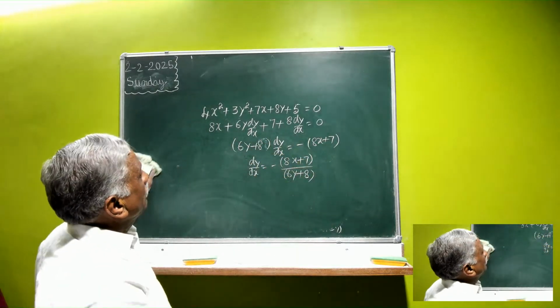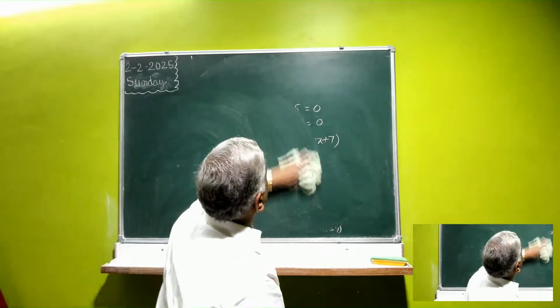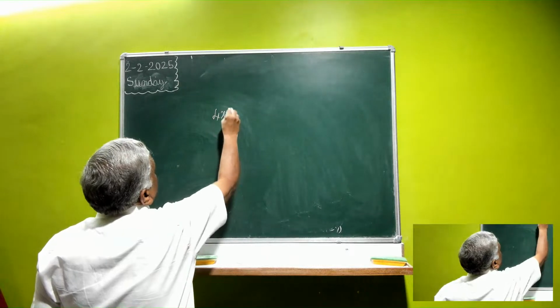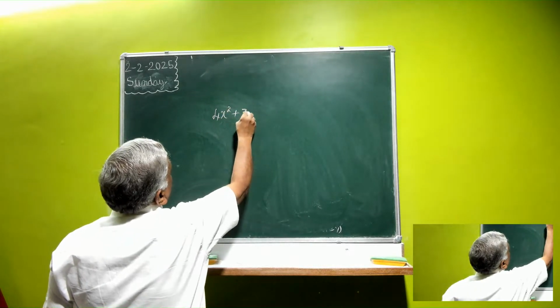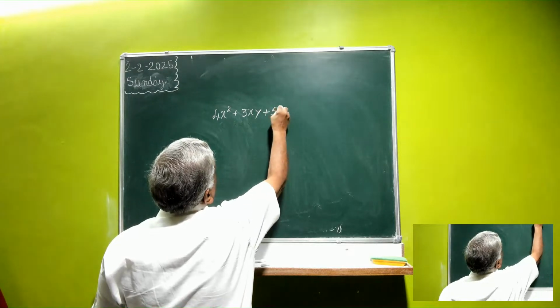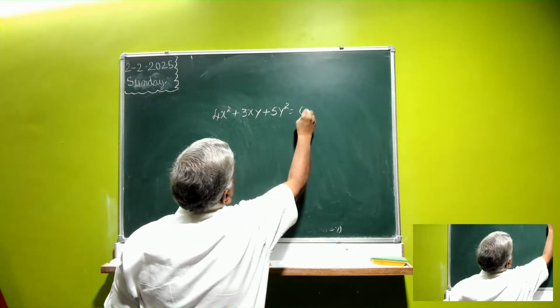Let's go for one more problem. 4x square plus 3xy plus 5y square is equal to 0.